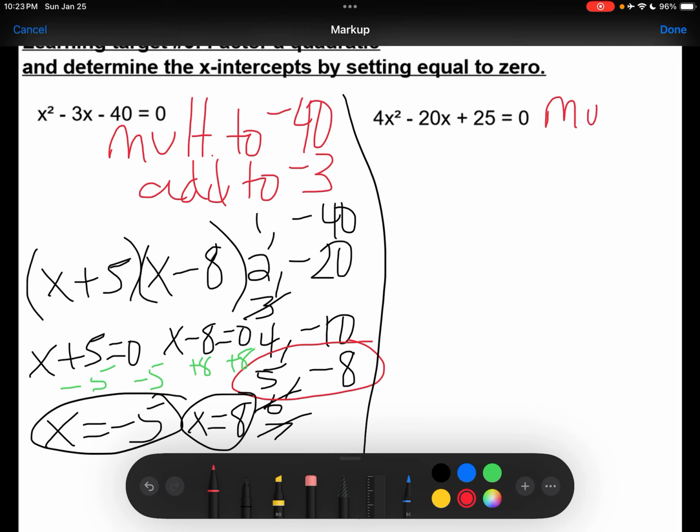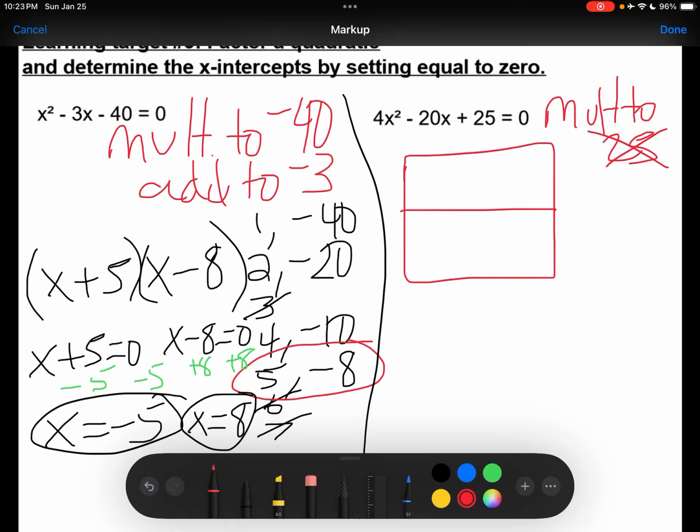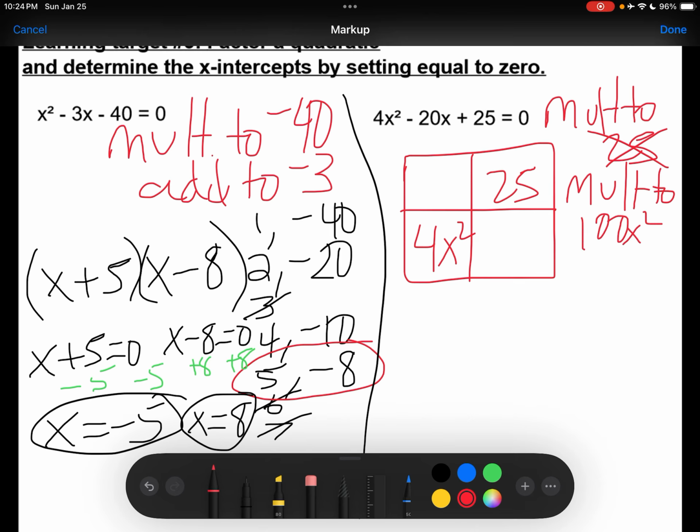But you can try to do this by a Punnett square or the same things. The thing to remember, though, is it's not what multiplies to 25. What's really going on here is we have to put 4x squared in one box, 25 in the other box, and we're going to be looking for things that multiply to 100, 25 times 4, 100x squared, and what adds to negative 20.